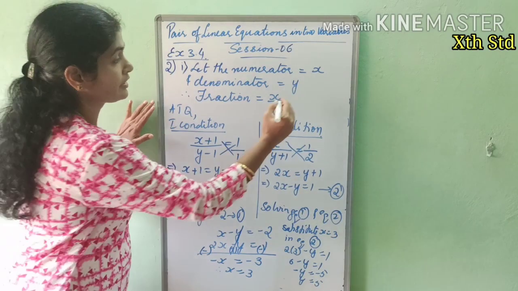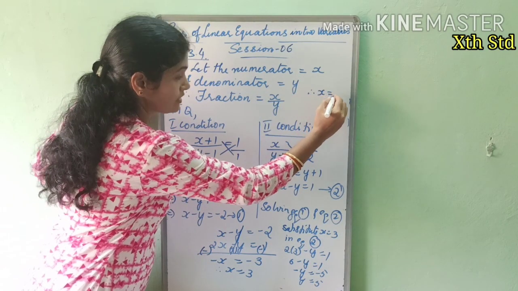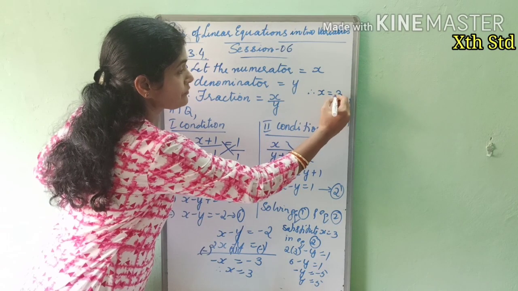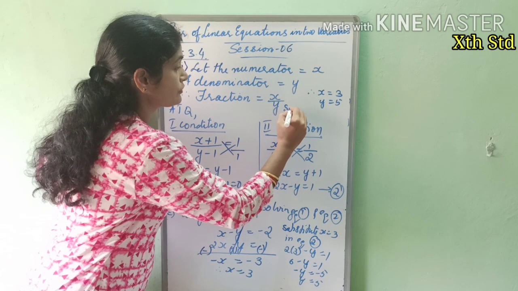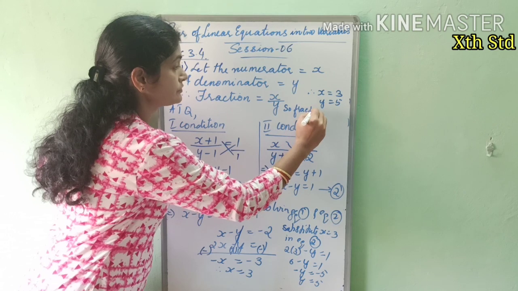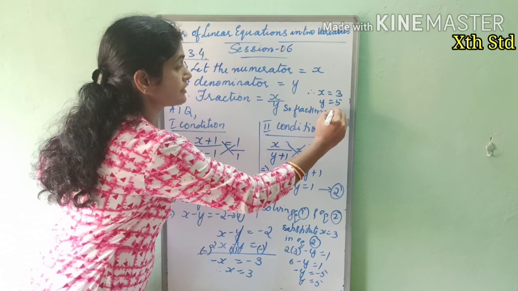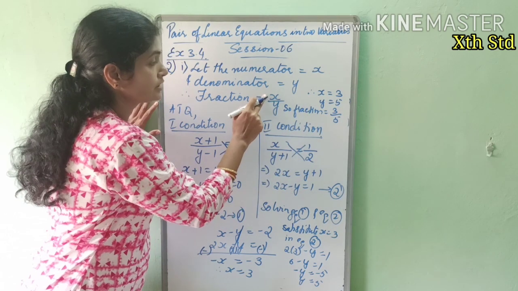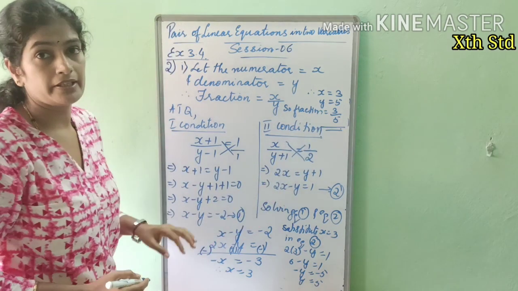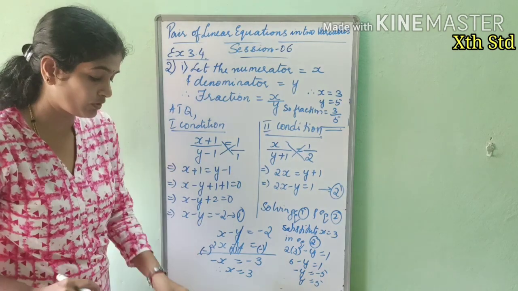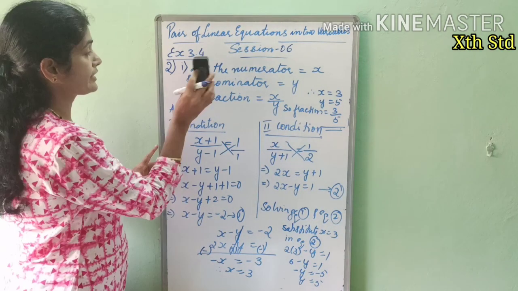Therefore, x is 3, y is 5. So the fraction is 3 by 5. Got it? Okay. We'll see the next one.